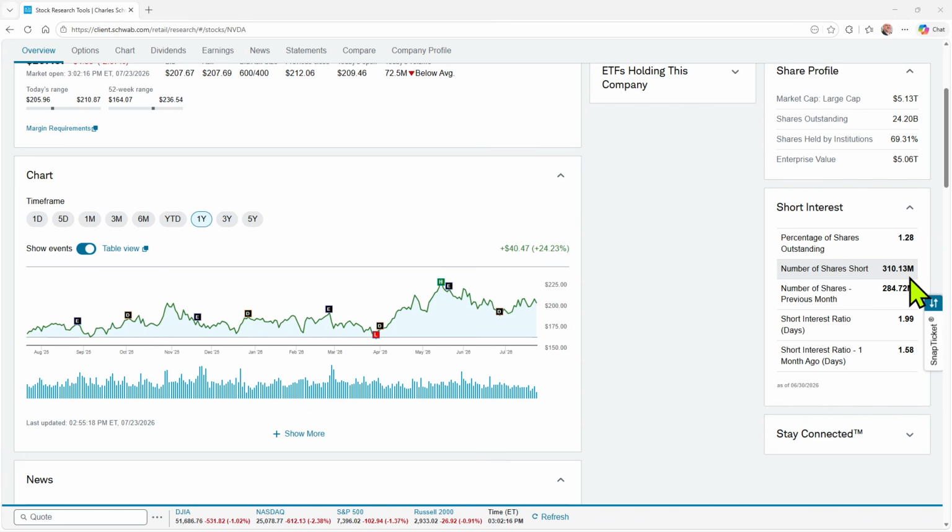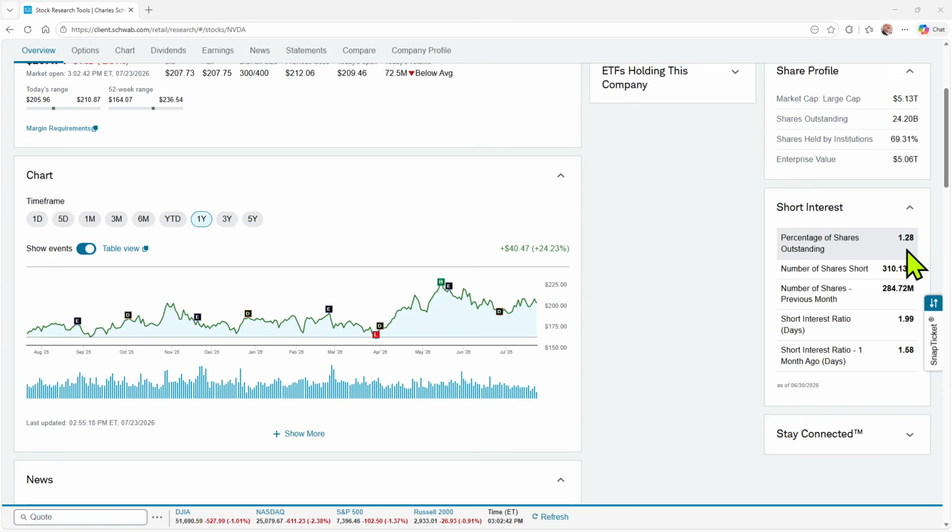But what we're going to get to in terms of deriving that float information is that percentage of shares outstanding measurement as a percentage. That percentage being relatively low suggests that there's a fairly high float. Now, the Schwab.com website does not display float directly. For that, we've got to go to Thinkorswim.